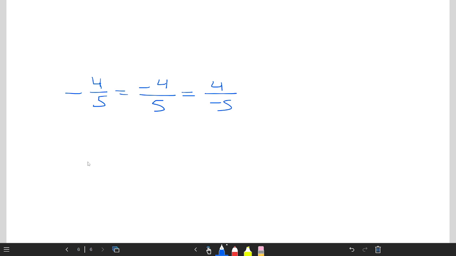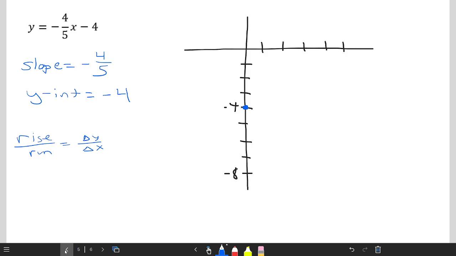I think when you're doing slope, it's easiest to think about it this way, because then you're always thinking about what happens from left to right. If you think about your denominator as being positive, then you're thinking about it going from left to right, and then you can say, all right, from left to right, this line should be going down because it's got a negative slope. So I'm going to go down 4 units and to the right 5 units.